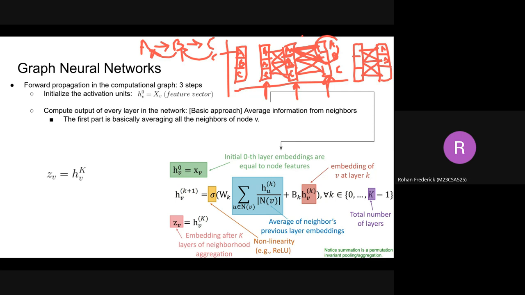Is the number of units in the layer dependent on the number of neighbors? Can you repeat your question? The number of hidden units in that particular layer depends on the number of nodes attached? No, actually, these are not actually units. Even though I have drawn it like a unit, every layer will only have a single encoder function that works for any node.